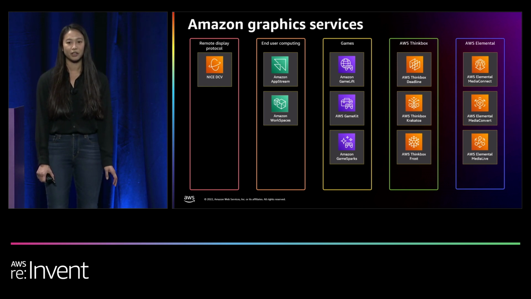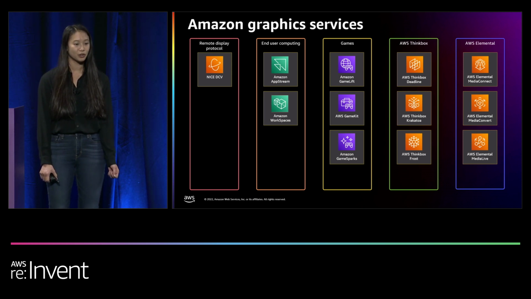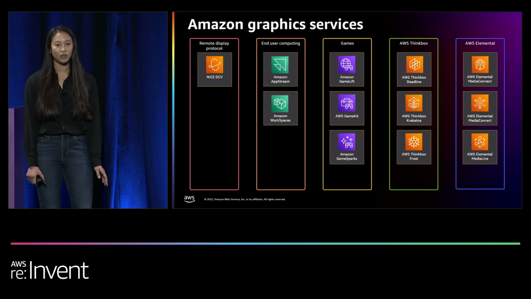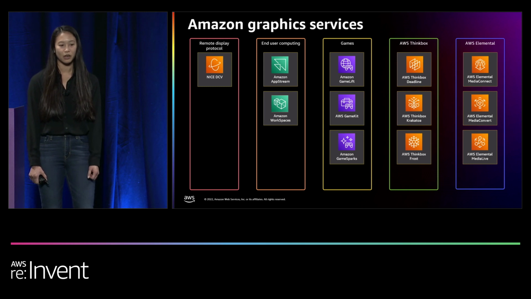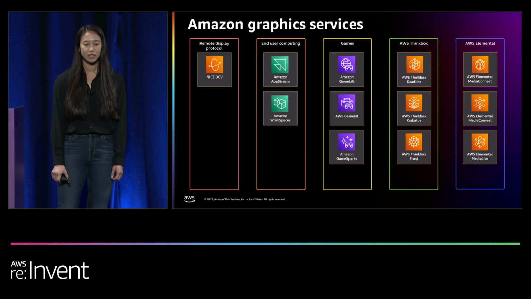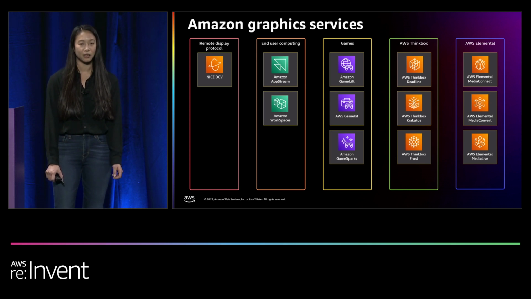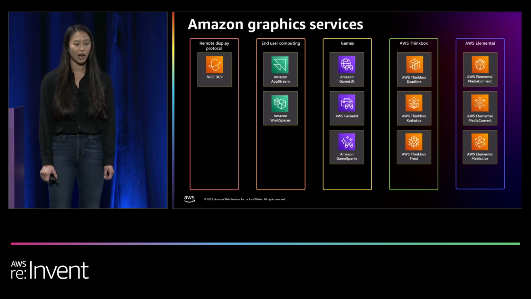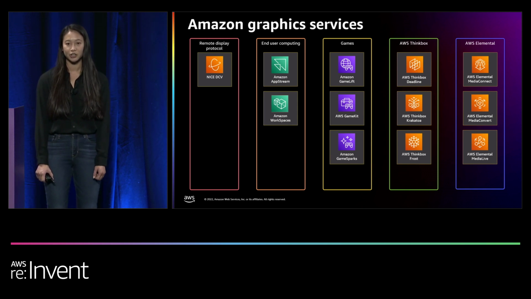We also offer many fully managed services for industries from end-user computing to gaming to media and entertainment. Across these verticals, we offer fully managed services which allow customers to stream applications, provision desktops, deploy and scale dedicated game servers, managed hybrid and cloud-based render farms, and broadcast high-quality streams for delivery to TVs and internet-connected devices.